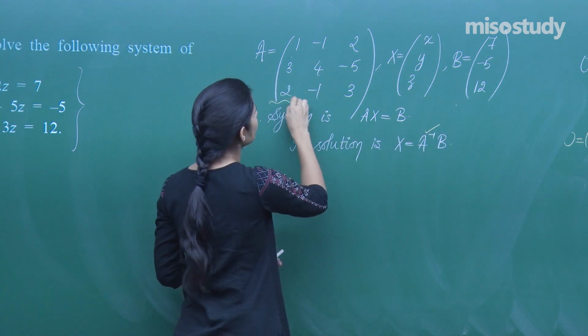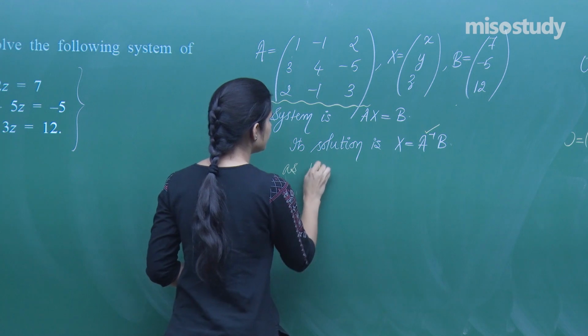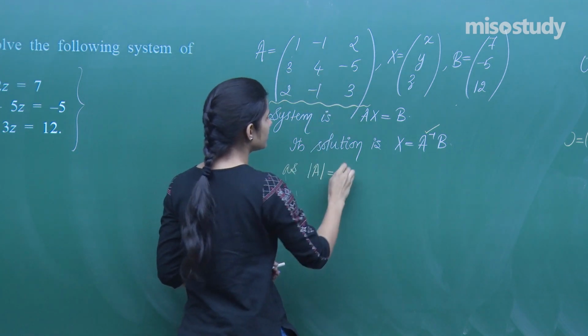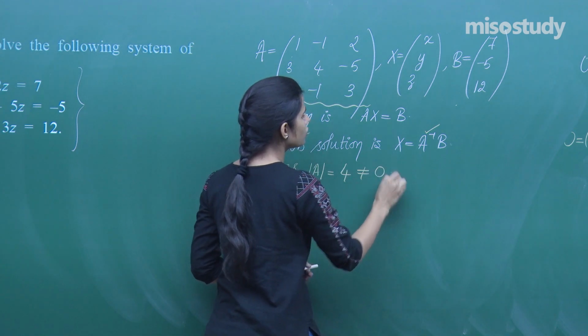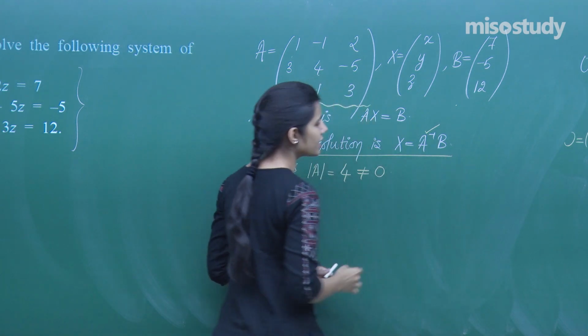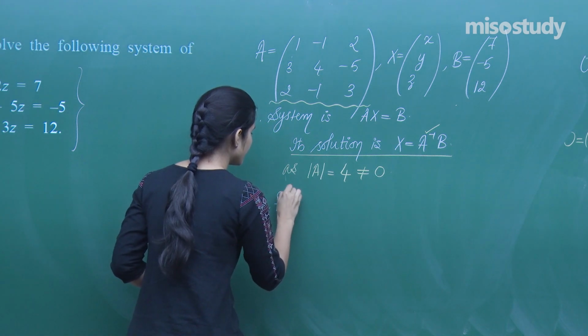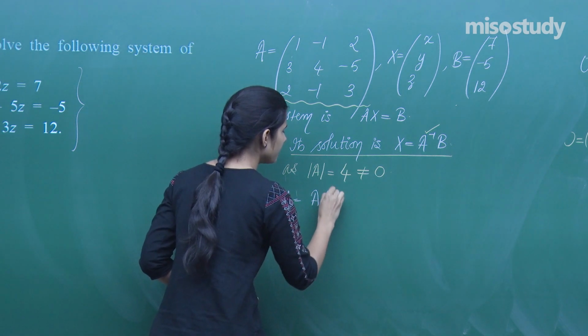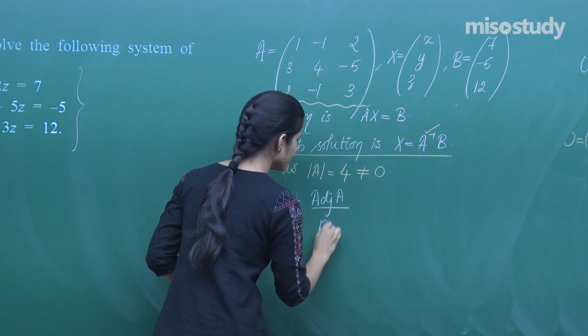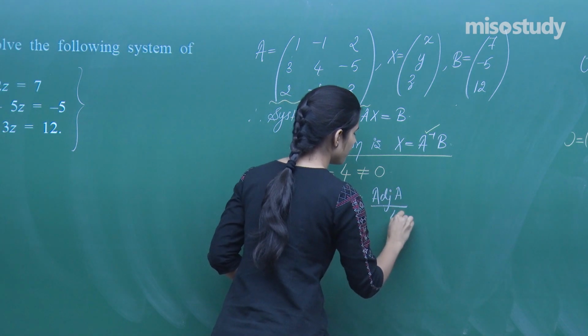That is, it will be true when the determinant of A is non-zero. As the determinant of A, when you find it out, comes out to be 4, which is not equal to 0. Therefore, the solution is given by X equals A inverse B. I need to compute A inverse. A inverse is what? Adjoint of A upon determinant of A, that is adjoint of A upon 4.